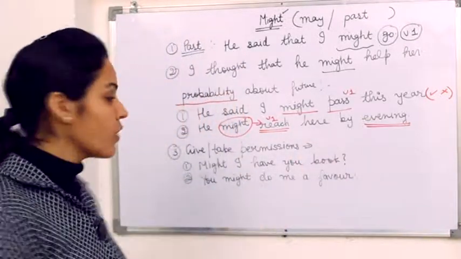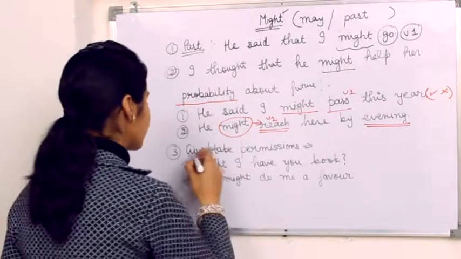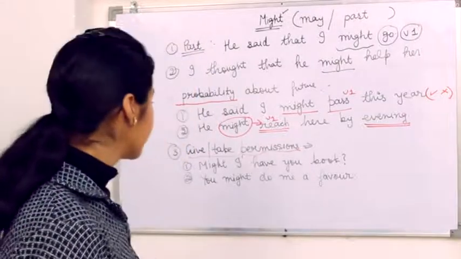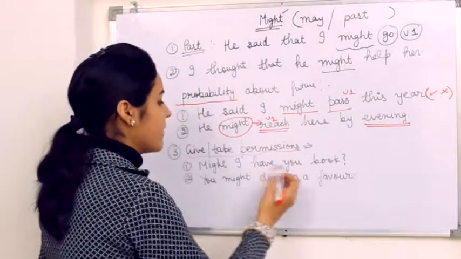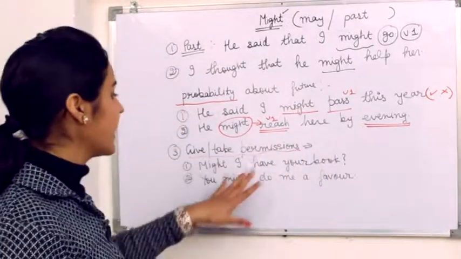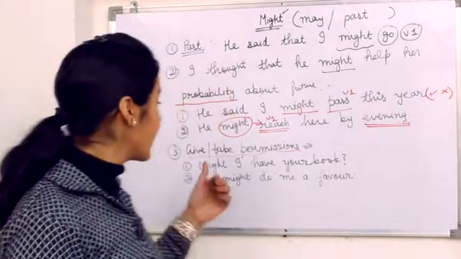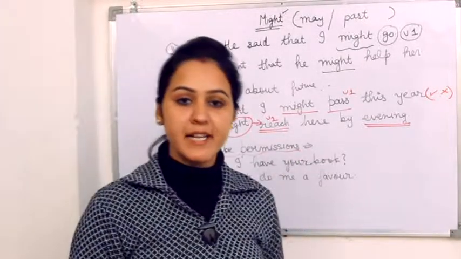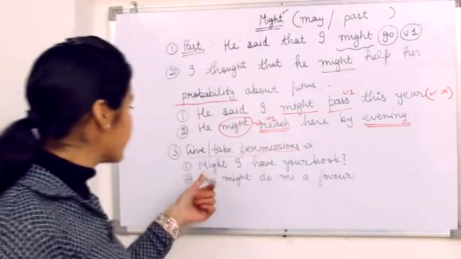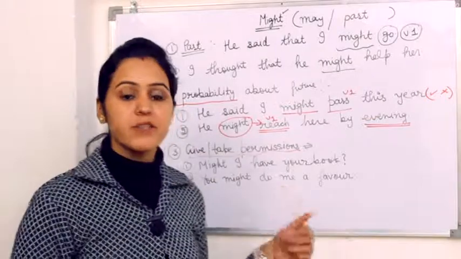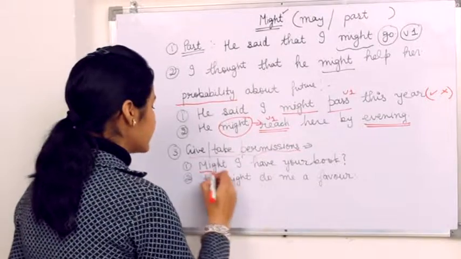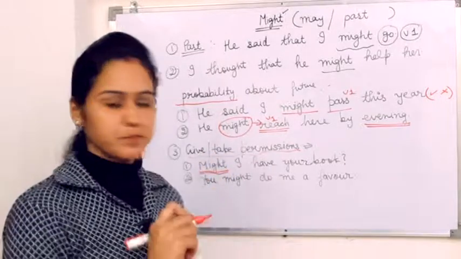So, if we want to give or take permissions, then there are also some kind of conditions, which is might I have your book. Might I have your book means he wanted to take permission from a person, whether he might have the book or not. So in this condition, we use might here.